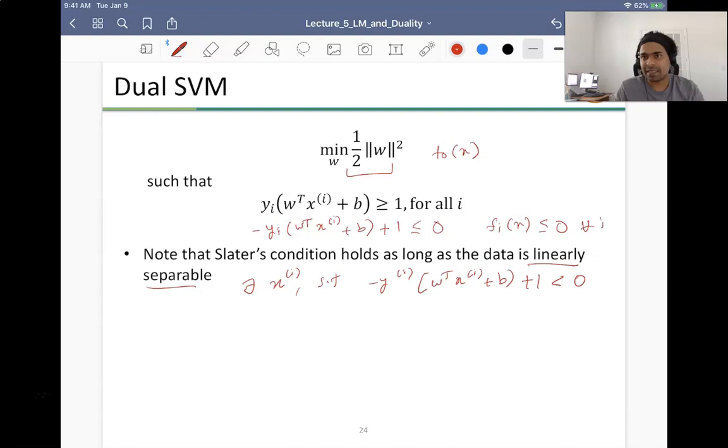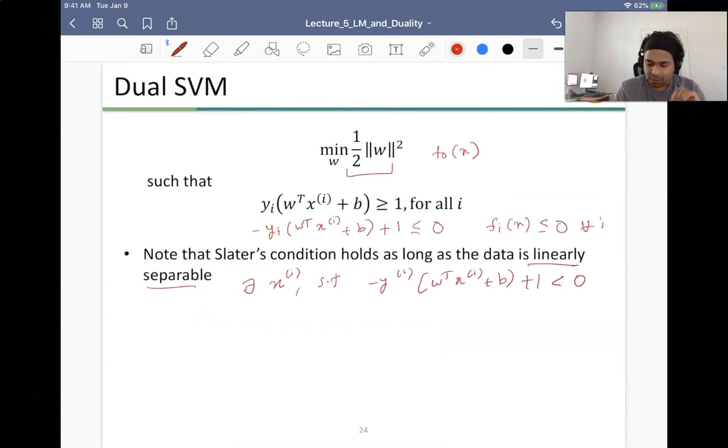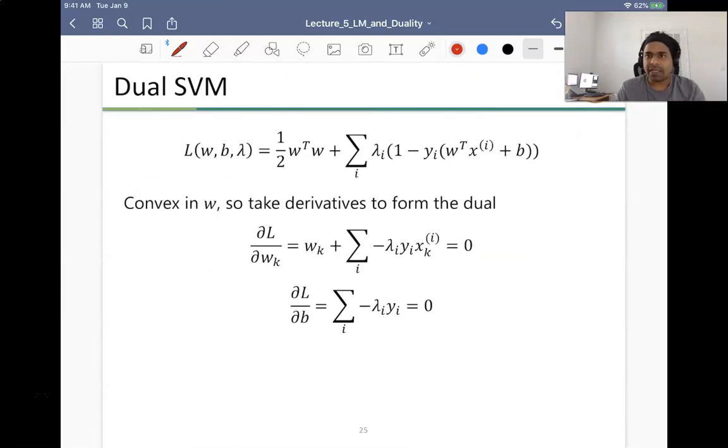That means there exists a point for which my constraint is strictly less than 0 for all my constraints. So if the data is linearly separable, then Slater's condition will hold.